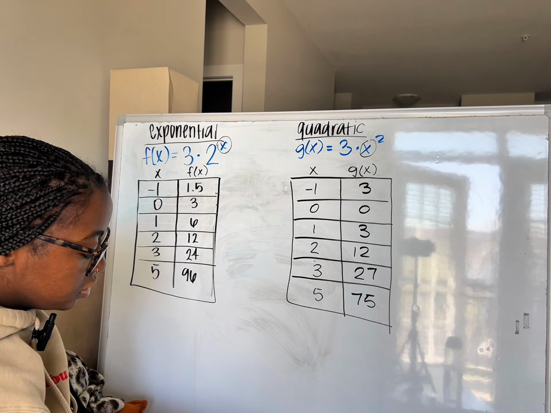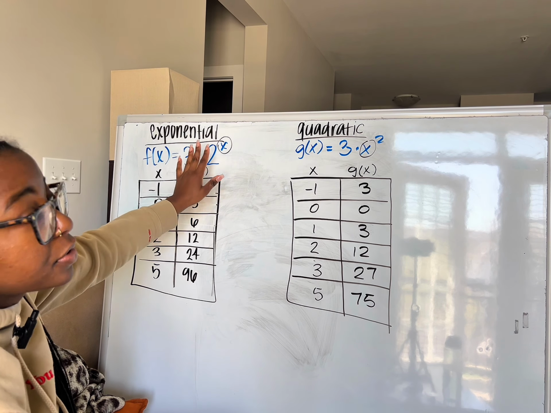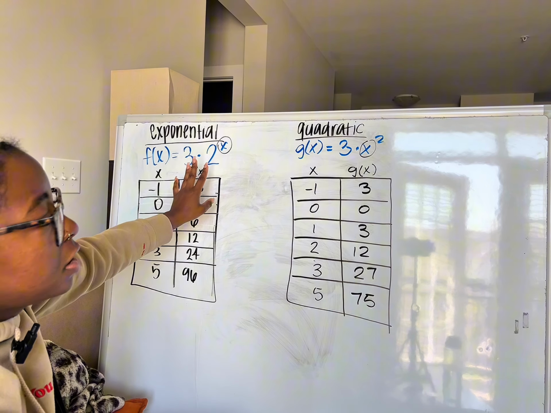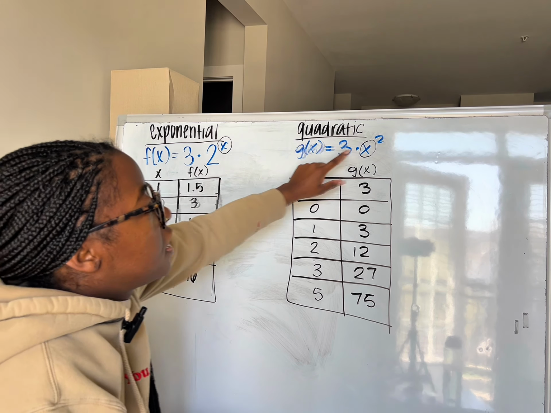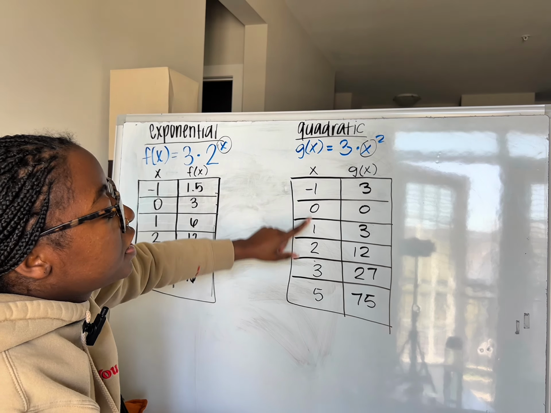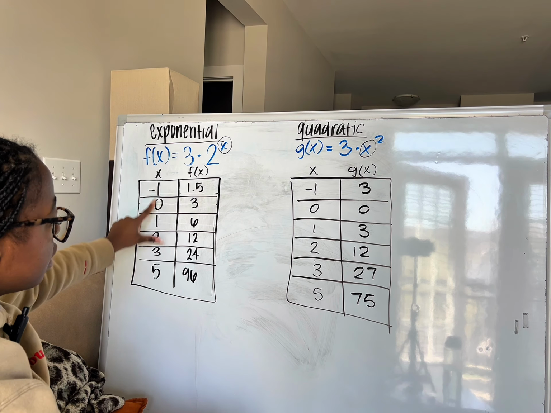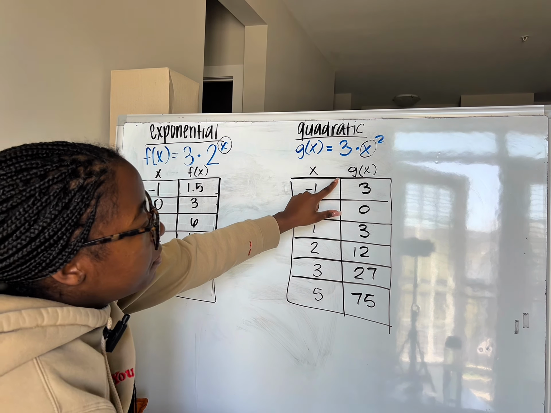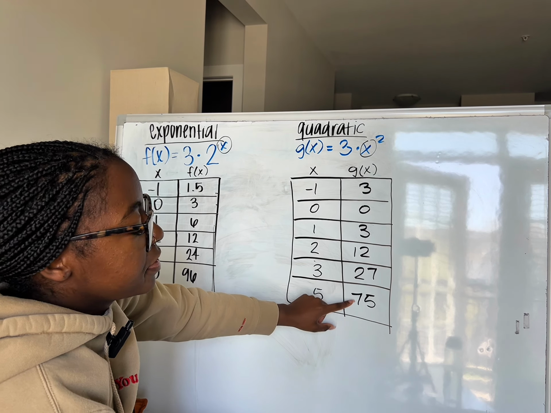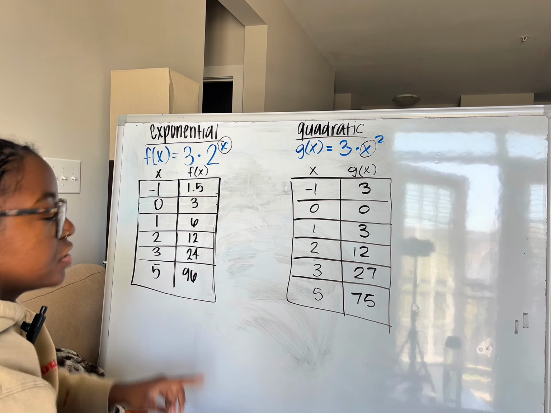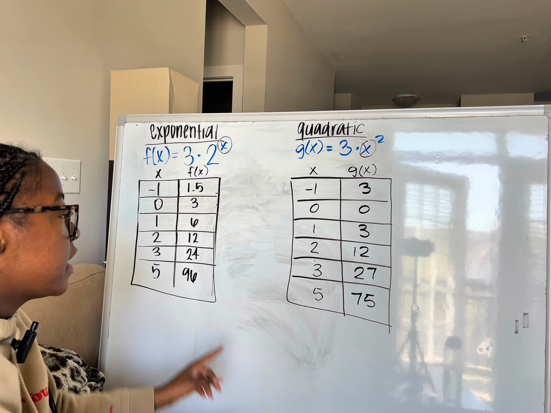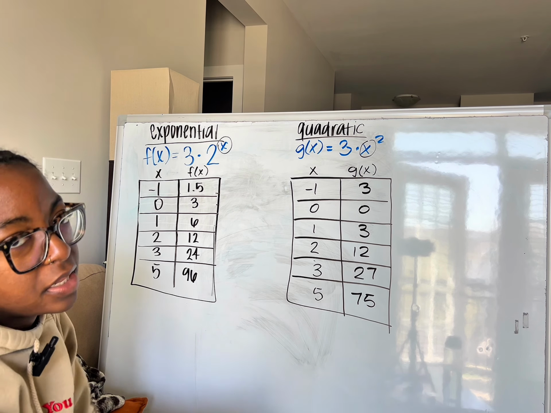So see the difference. Same numbers. We're using 3 and 2 and x. Same numbers, but you're plugging in at a different place. When you plug in these numbers, we're growing. We got the same numbers, -1 to 5, but quadratic ends up at 75 and exponential ends up at 96. So when I say exponential passes quadratic, that's what I mean.